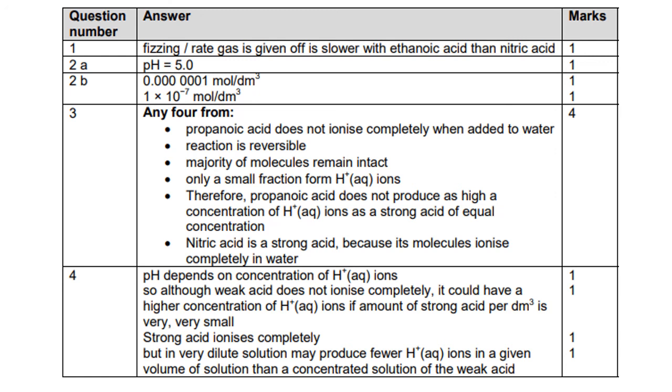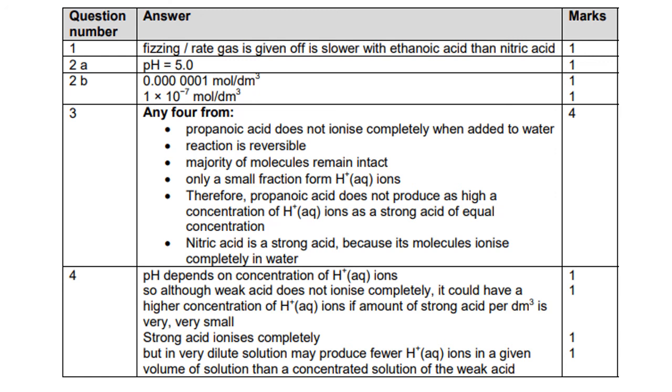Right, last question. Explain why it is possible to have a very dilute solution of a strong acid with a higher pH than a concentrated solution of a weak acid. Well, this comes down to, firstly, how much that strong acid was diluted by, because we know that pH is directly correlated to the concentration of hydrogen ions.